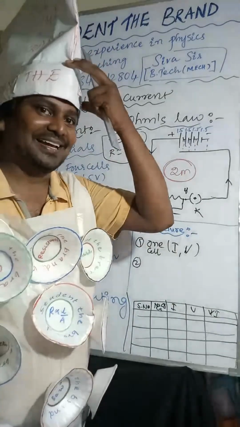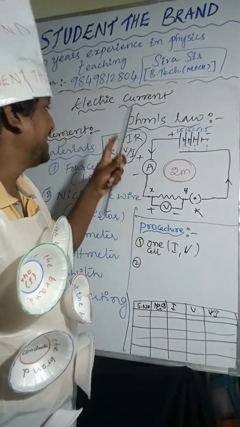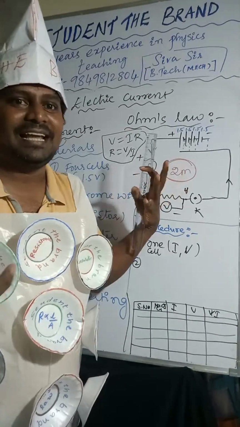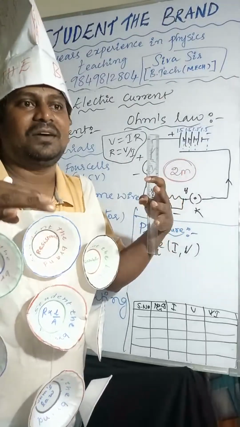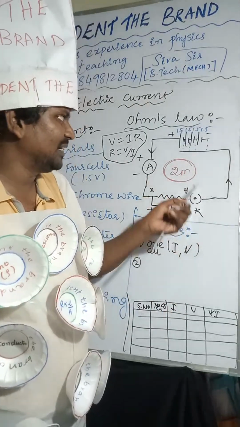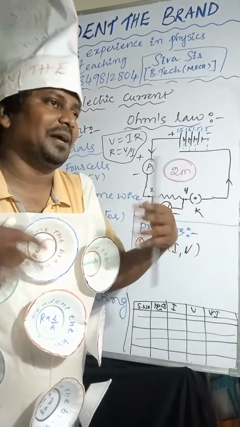Okay, I'll resume my class once again. So we can see V equal to IR, R equal to V by I. It's like a vibration. Normally, if I teach in a generally flat voice, you'll get sleepy.